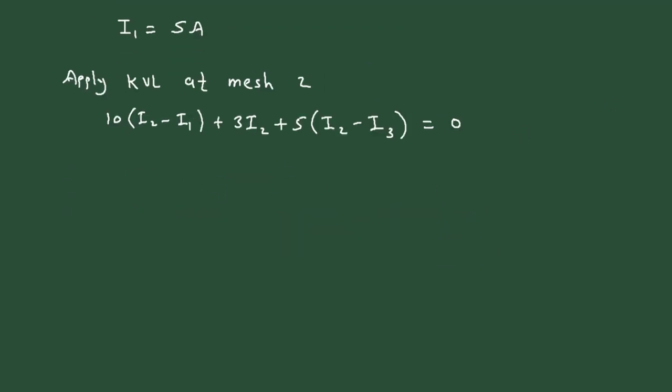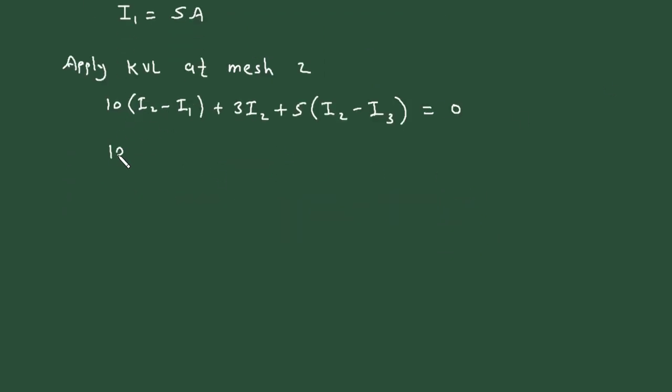Now let's simplify this. So it will be 10 I2 minus 10 I1 plus 3 I2 plus 5 I2 minus 5 I3 is equal to 0. Now first we will write I1 terms. So here this is minus 10 I1.